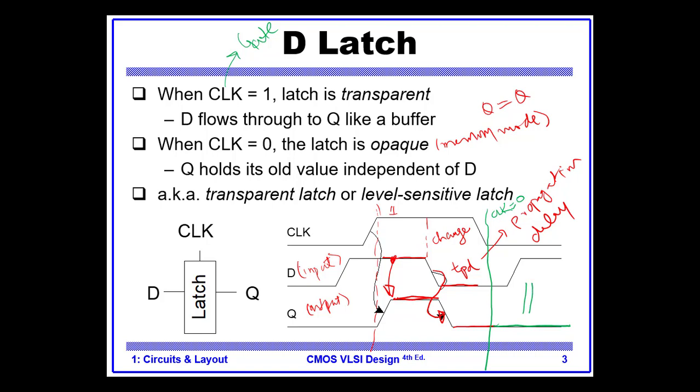Although if you look at the input, it is now 1. So the input is 1, but the output is 0. Why? Because the latch is in memory mode and it neglects whatever is at the input. So this is the operation of a D-Latch. Now let's go inside the circuit for a D-Latch.